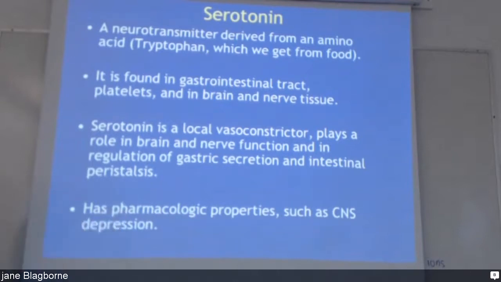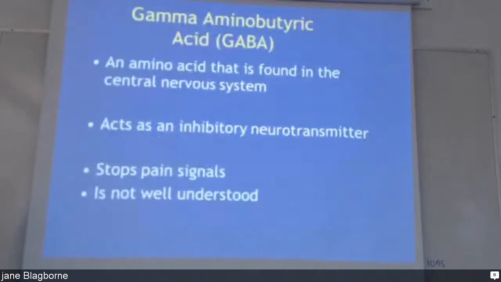GABA, in pharmacology, again, when you take that course, it's similar to a CNS depression. Kind of slows things down, right? Makes you relax, makes you feel good. Remember I talked about gabapentin being used for pain in diabetics, for peripheral pain.